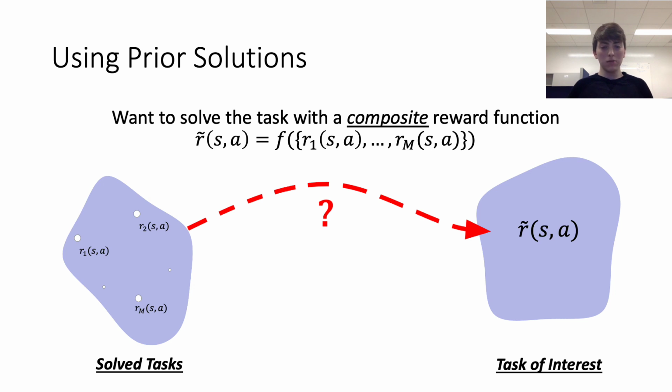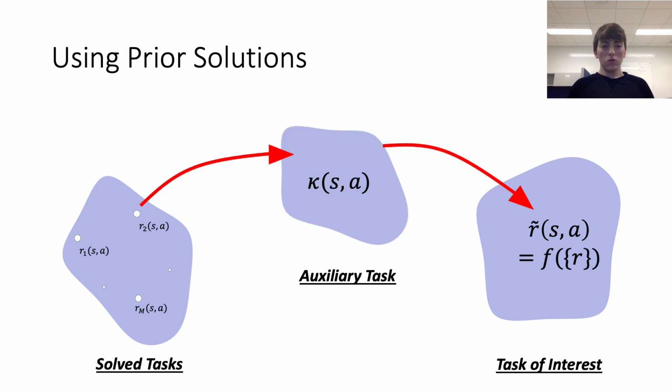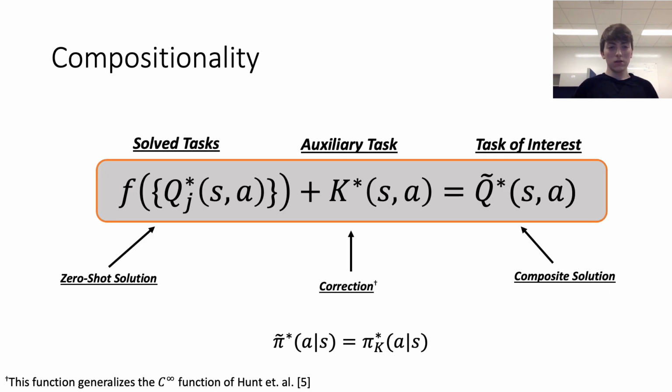In the previous example, this was an OR compositionality, meaning that we were taking the maximum over subtasks. We can again define an auxiliary task which relates these solved tasks to the task of interest. There's a new reward function kappa, and a similar result showing that the solved tasks' Q functions can be added to an auxiliary task to yield the task of interest.